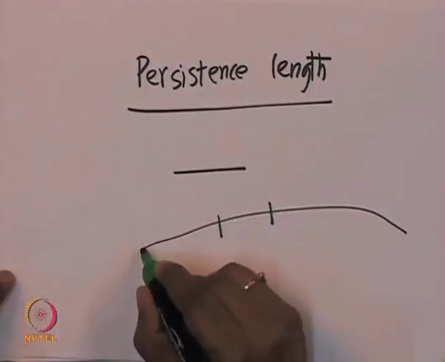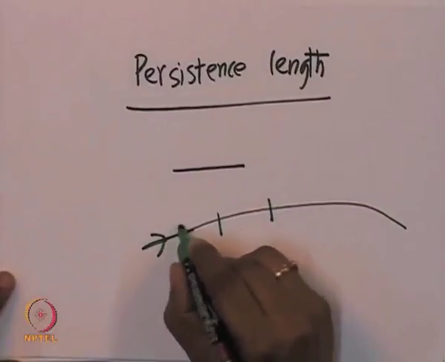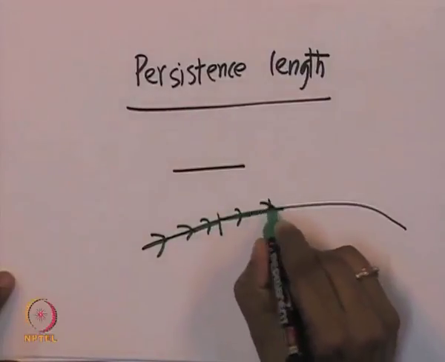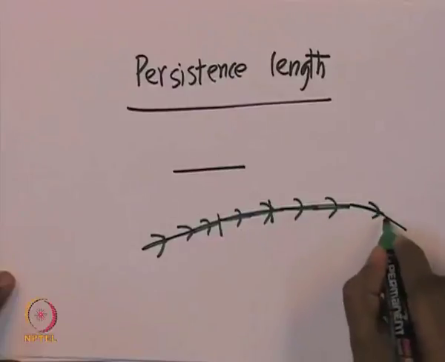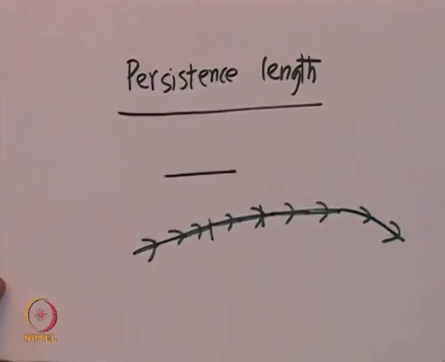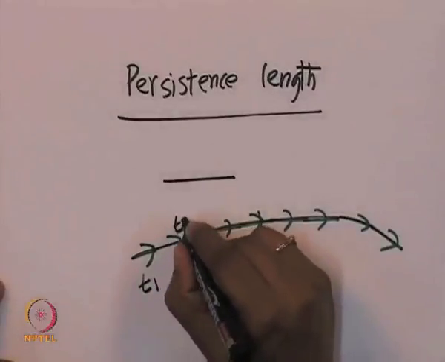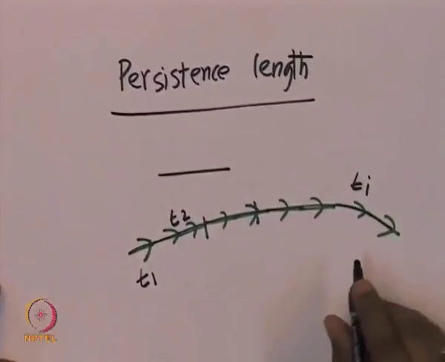If you think of tangents here, if you draw many tangent vectors, this is tangent 1, this is tangent 2, and let me call this tangent i.